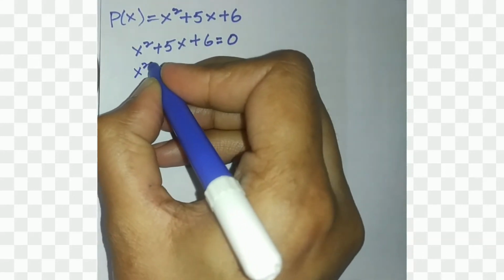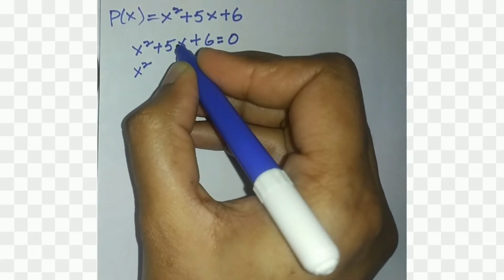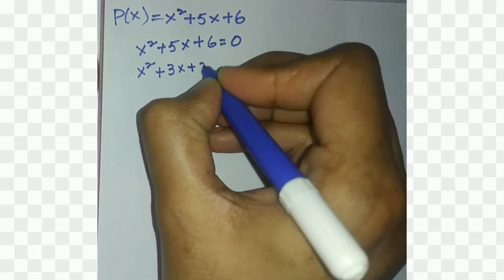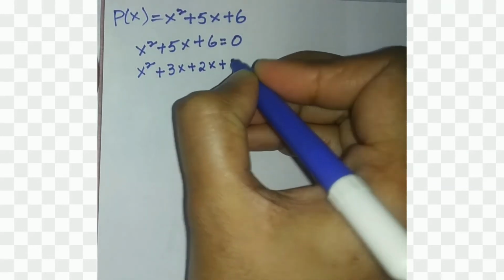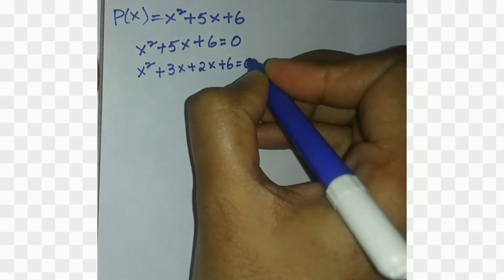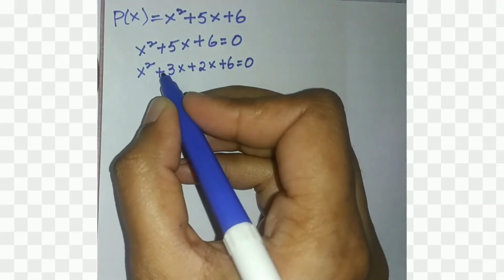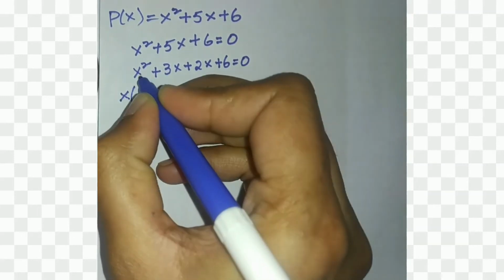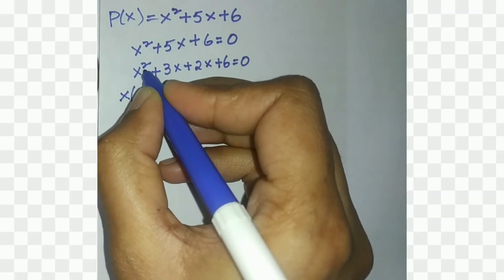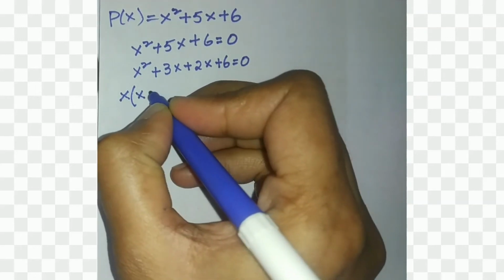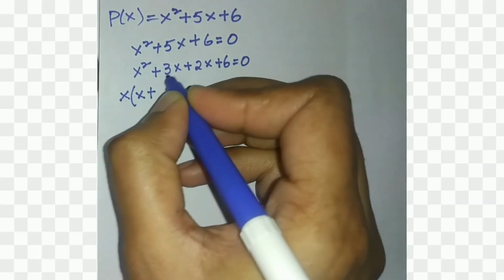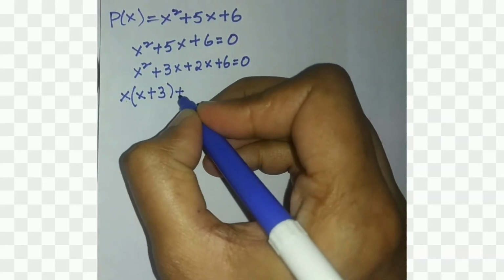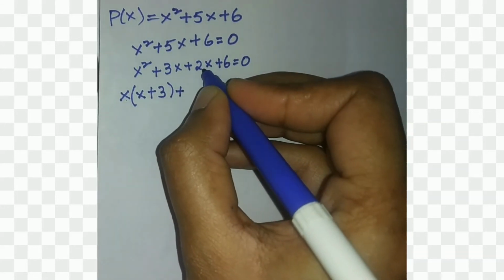X square, 5x can be written as 3x plus 2x plus 6 is equal to 0. Here we can take x as common. So x common, x square. So what is remaining? X plus, we have taken x as common, so the remaining term is 3. Plus, in both terms what is common? 2 is common.